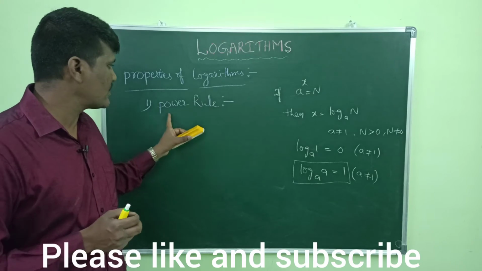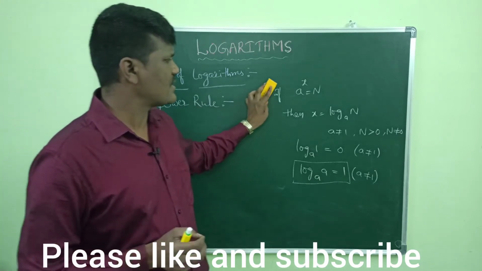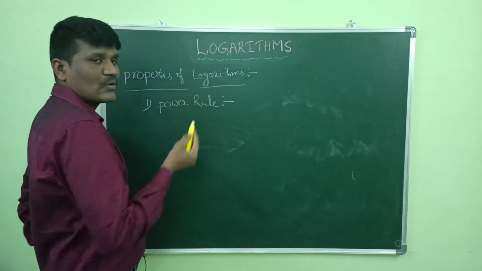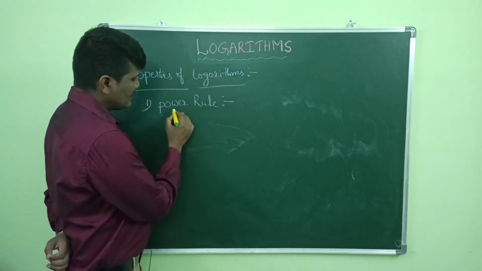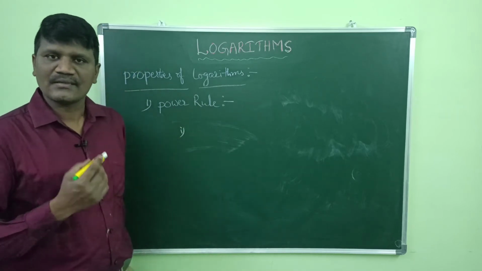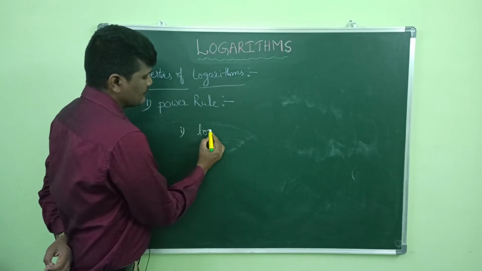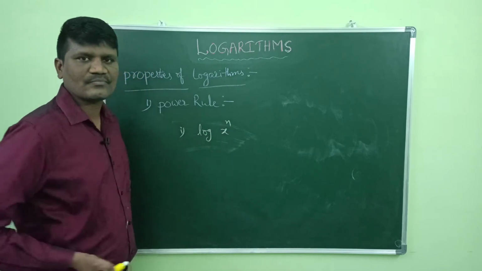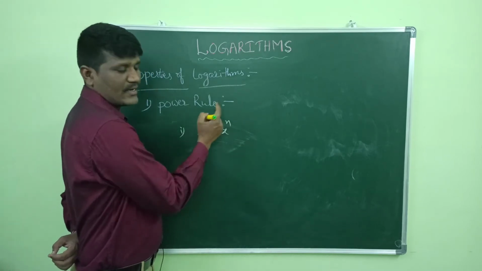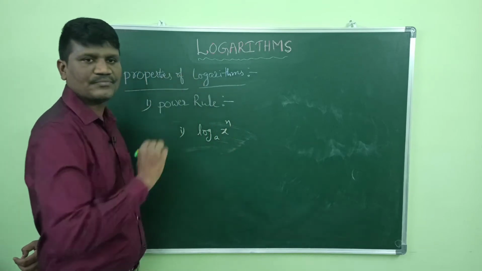The most important one is the power rule. So what is the power rule? In the power rule there are 2-3 formulas. The first one is log x power n to the base a.